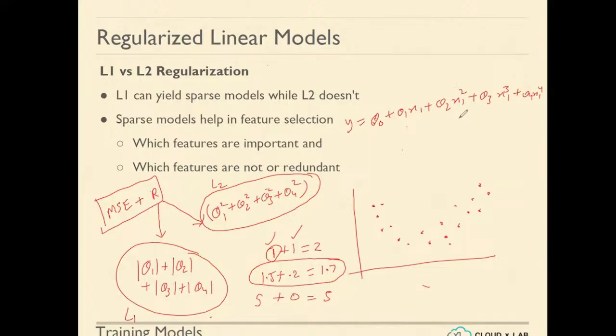Let's say theta 1 is 0, theta 2 is 0, theta 3 is 0, theta 4 is 0. So what we finally get is y is equal to theta 0, which is nothing but a line parallel to the x-axis, right? So in that case, we will have a very high MSE error, but the second term is 0 because in that case all theta values are 0, right?